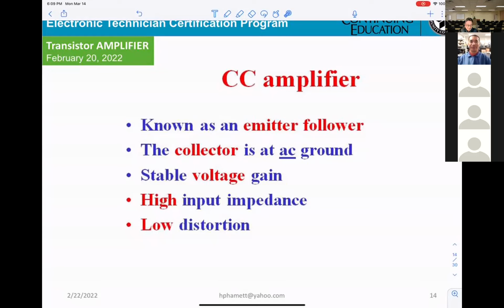That is very basic. Common collector has another name, emitter follower. Stable voltage. And this is the thing you need to know: you get a high input impedance. If you want an amplifier with a high input impedance, you had better use common collector, and low distortion.